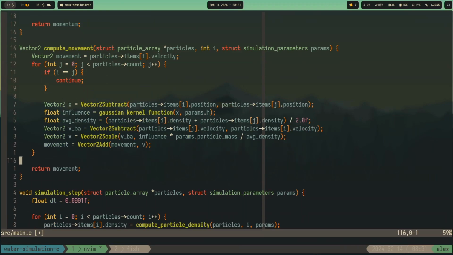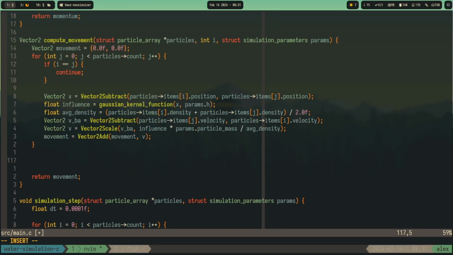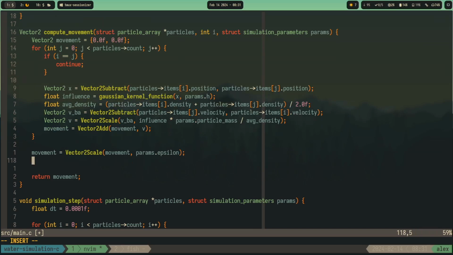And the movement we add. Yeah, it makes sense to start with 0 actually. 0, 0. And then we say movement. We scale this thing, and then we have to add the particle items velocity to the movement, just like that.